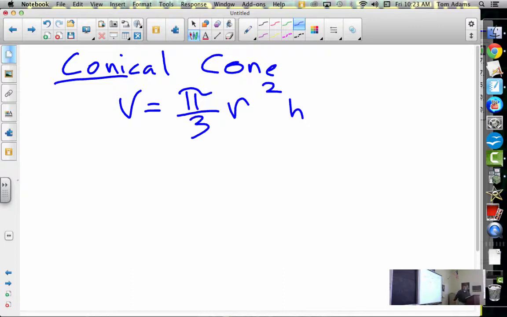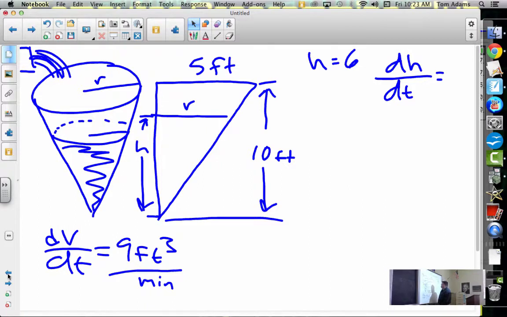But what we notice is that based on the dimensions, what do you notice about the radius with regards to the height? The radius is 1/2 of the height. Yeah. And if we were to apply the Pythagorean theorem, that will always be 1/2 of the height.